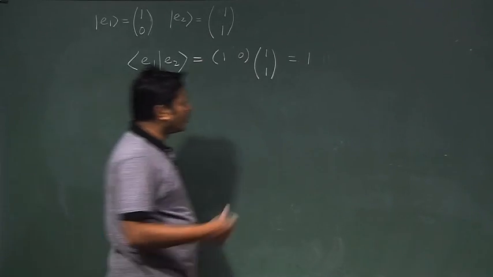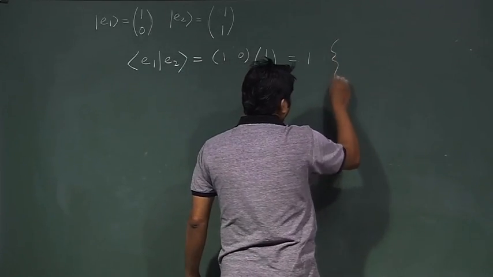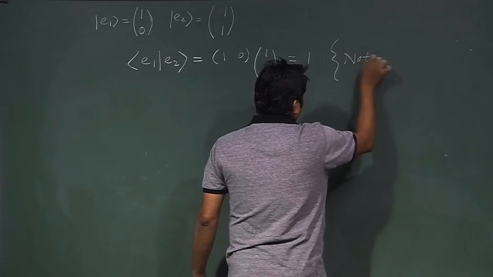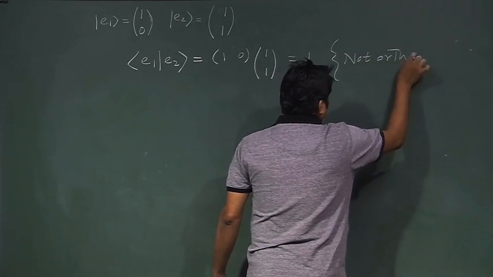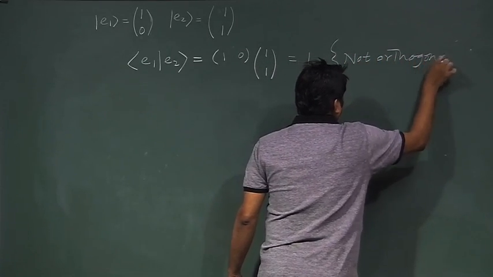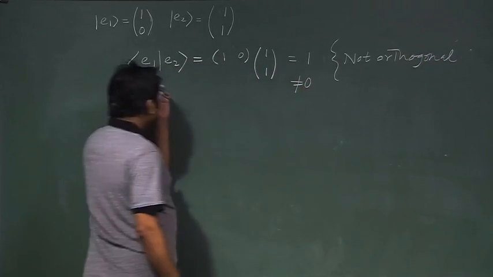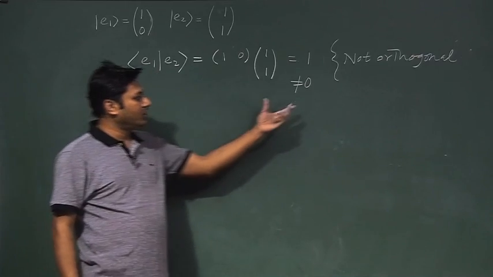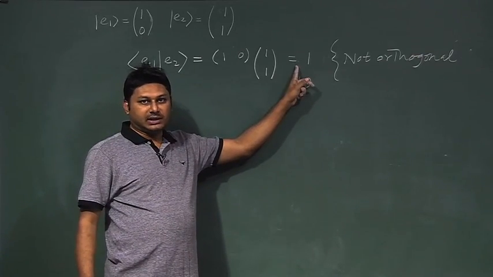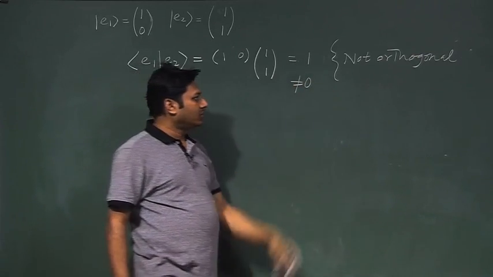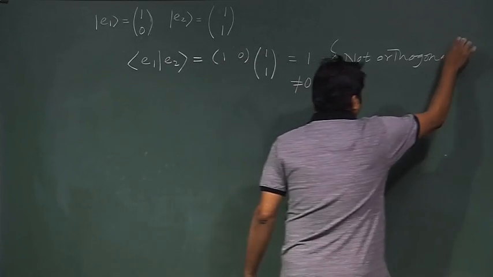That means they are not orthogonal, because this is not equal to 0. If the inner product between these two vectors is not equal to 0, which in this case is 1, they are not orthogonal.